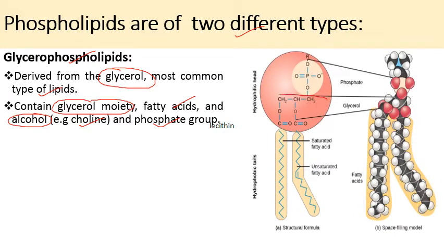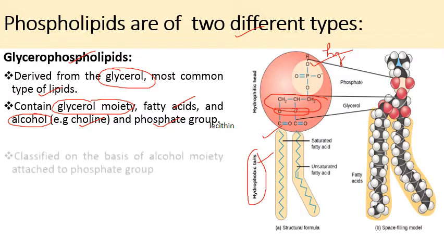It contains the glycerol group, in which one carbon contains this phosphate group, which makes the head portion hydrophilic in nature. Then with two oxygen or OH groups, it is joined with the two fatty acids, which make it hydrophobic, and these are known as hydrophobic tails.